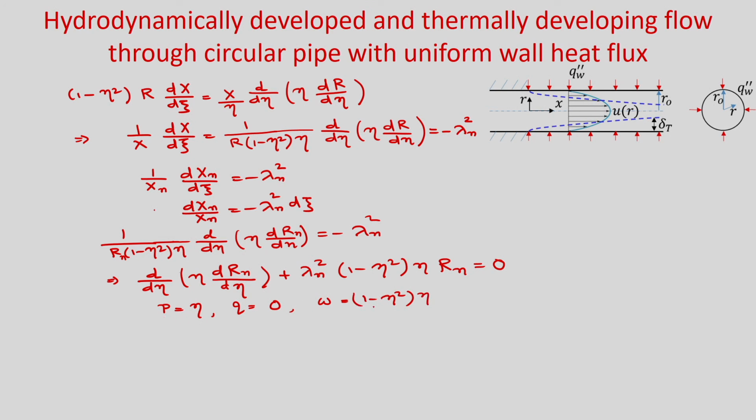These are real, and in the eta direction you have two homogeneous boundary conditions. So, obviously, you will get the harmonic solution in the eta direction. This second order differential equation is very difficult to solve, so you can use some numerical technique to solve it.